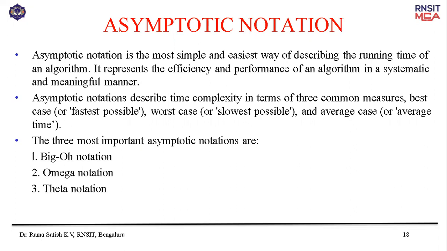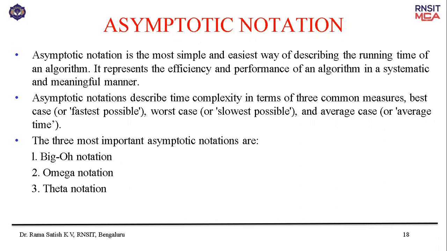Asymptotic notation is the most simple and easiest way of describing the running time of an algorithm. Running time, how much time it will take. That is explained here. And of course, it represents the efficiency and performance of the algorithm in a systematic and meaningful manner. So it is very, very important.